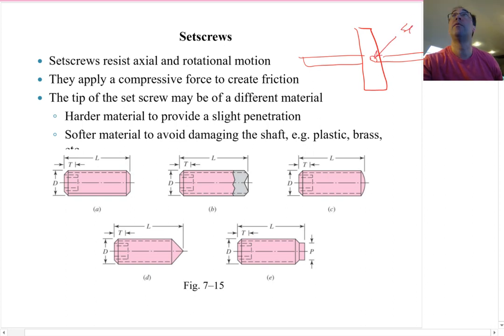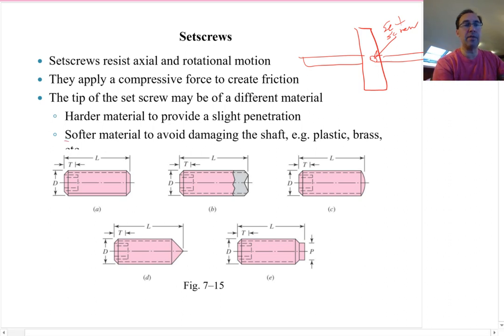I just realized I'm running into the camera here. Your set screw would get screwed down into the shaft component, and then the tip of the set screw would push up against the shaft.